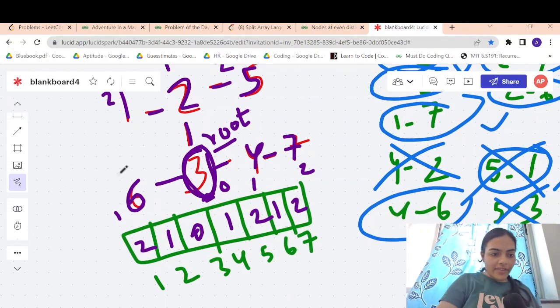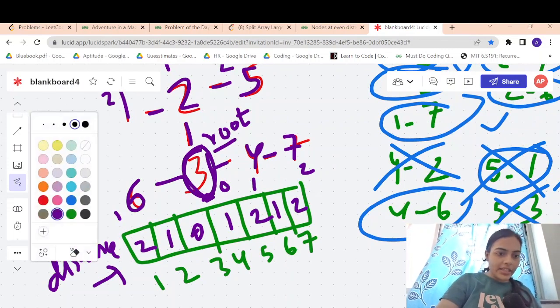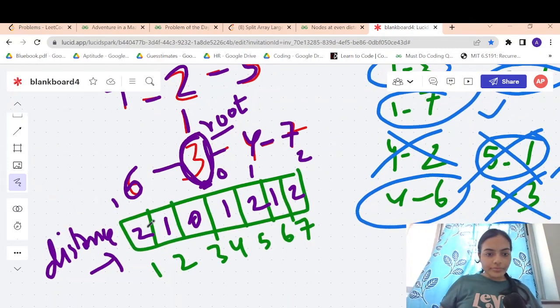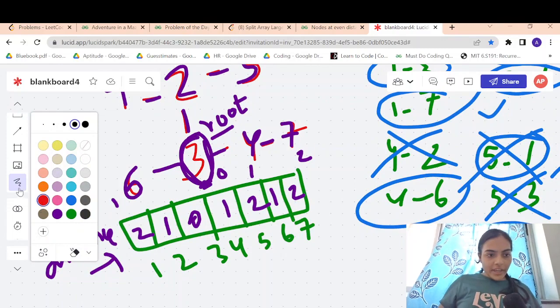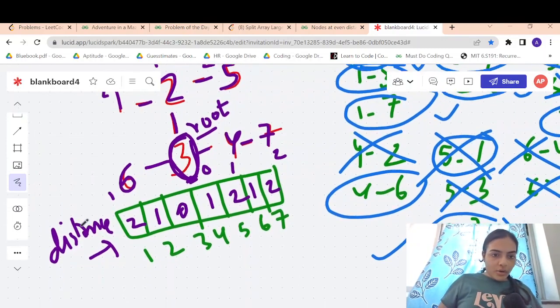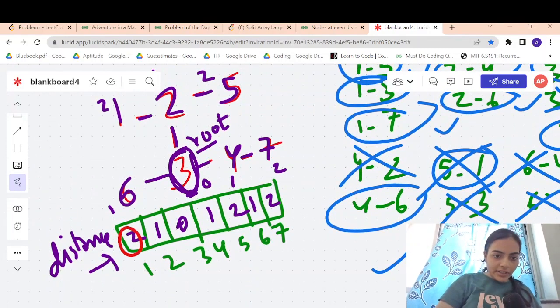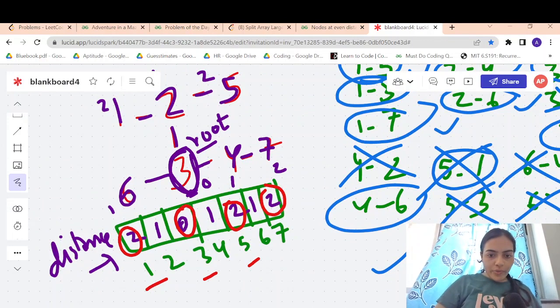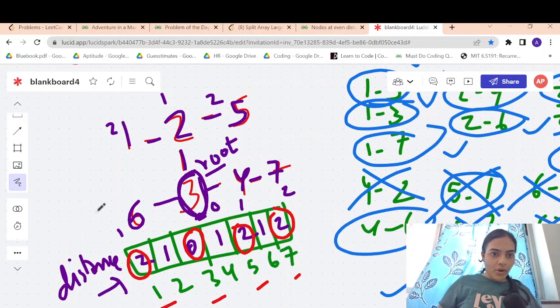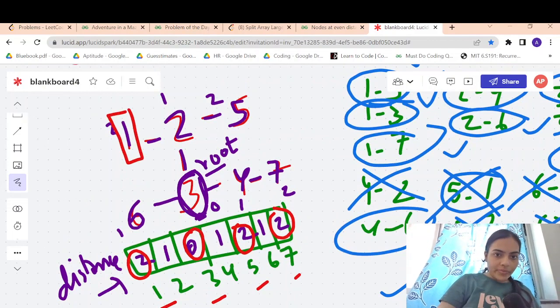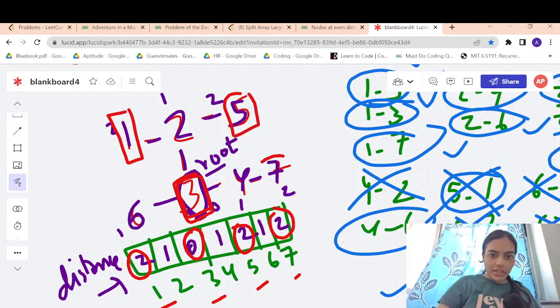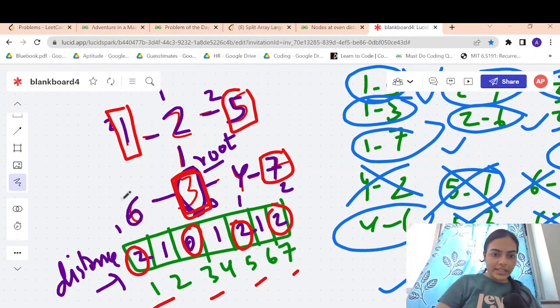Now once we have this distance array using just a single traversal, if you look at the nodes at even distances, for example 1, 3, 5, 7, they are at distances 2, 0, 2 and 2.